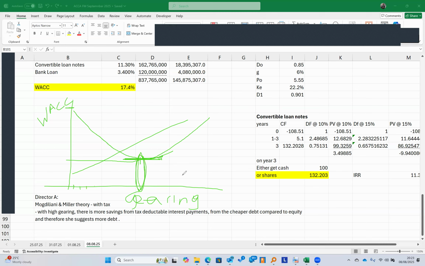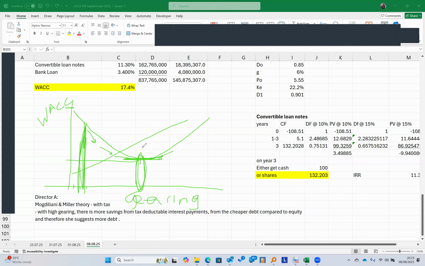So that's what Director B is saying. Because we have the lowest level of gearing, because we are still on this side, Director B would suggest that we should start borrowing. We borrow and borrow using debt as we monitor the cost of capital decrease.